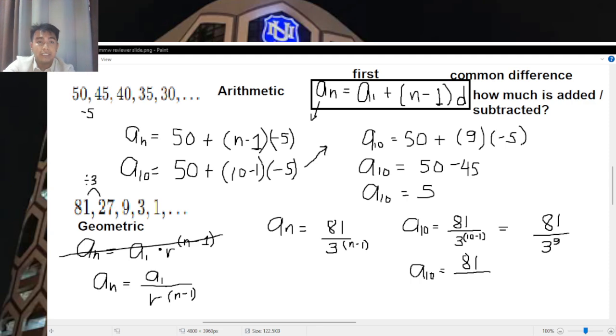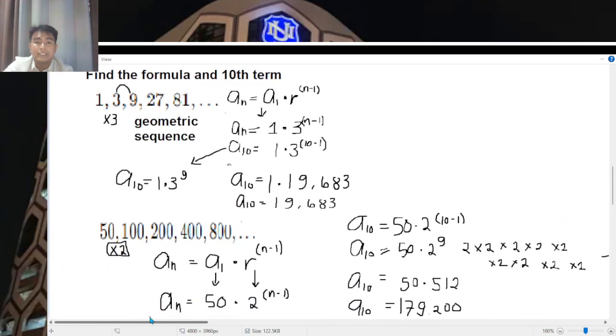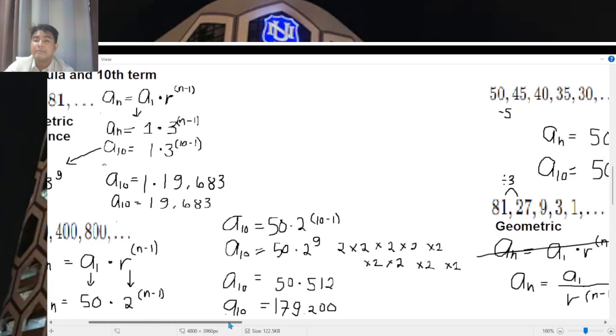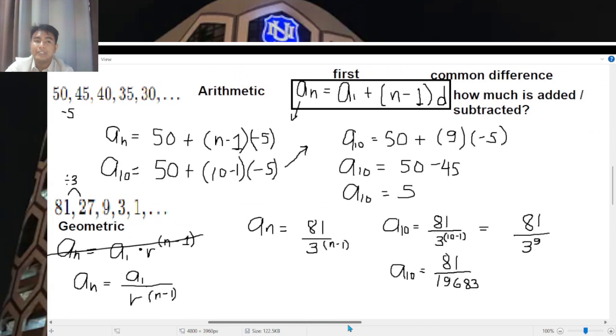And 3 raised to 9 here is equal to 19,683. If you remember, we have answered 3 raised to 9 earlier. And it's this, 19,683. So let me just go back.